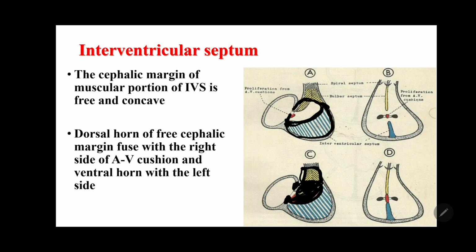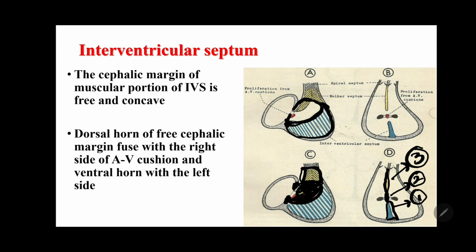First is the primitive muscular interventricular septum, next is the septum intermedium, and next is the proximal bulbar septum.